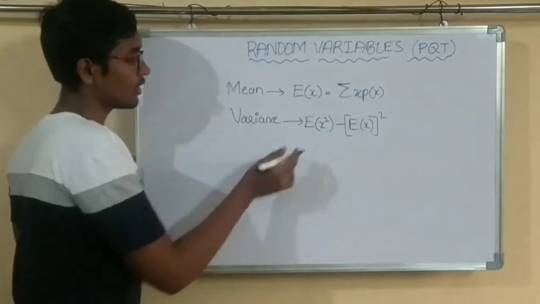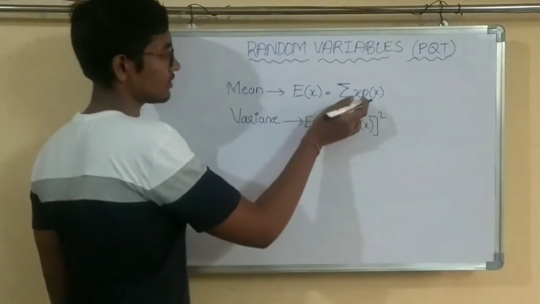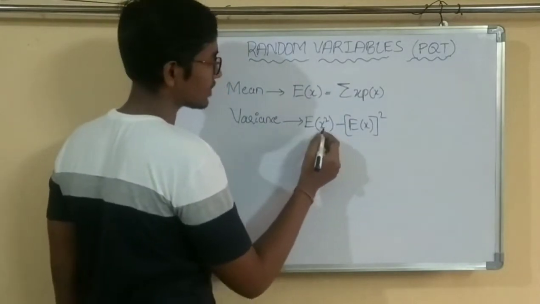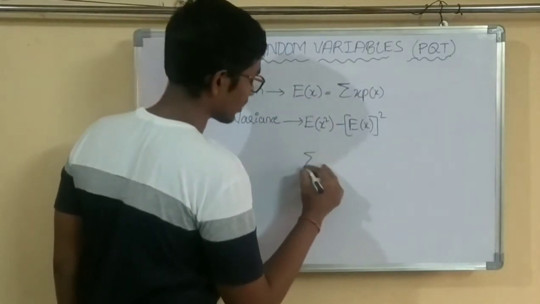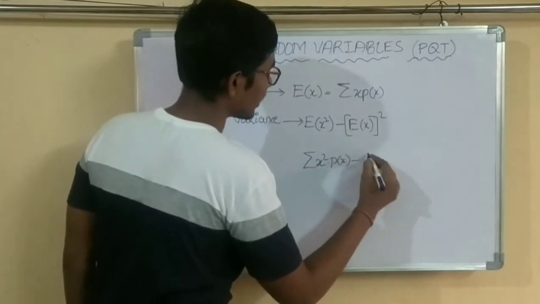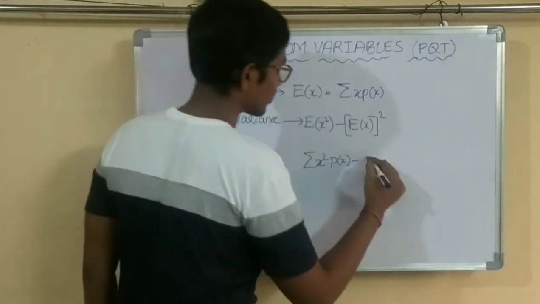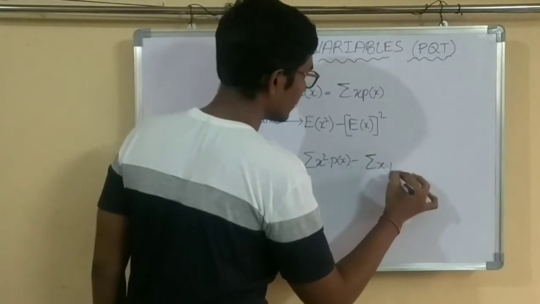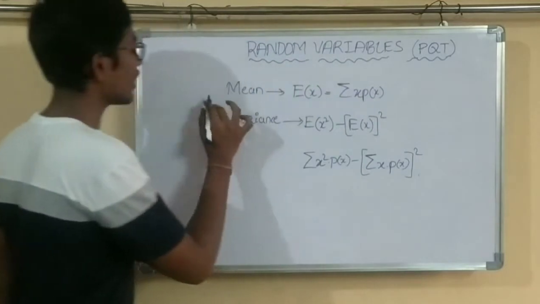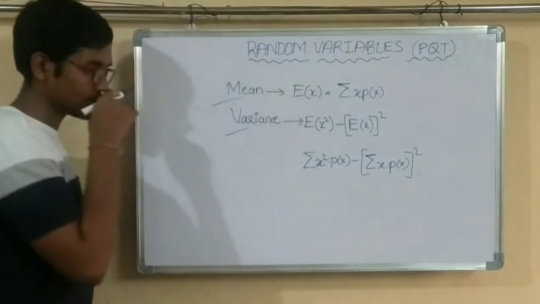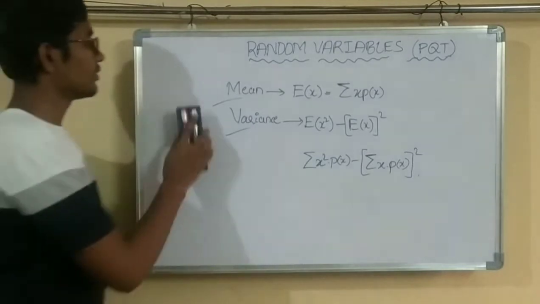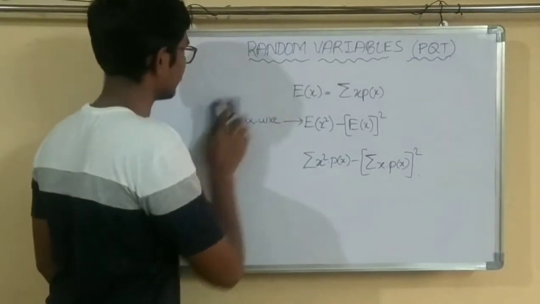If we convert this into expanded form, E of x square is the summation of x square into P of x, minus E of x, which is the summation of x into P of x, whole square. That's it. This is the formula for mean and this is the formula for variance for a discrete random variable. Now let's see the problems on mean and variance of a discrete random variable.